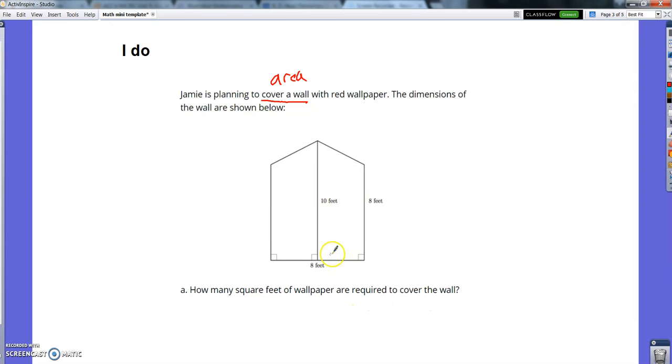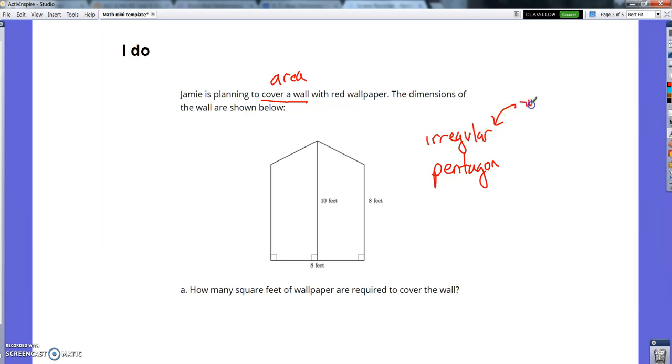So when I look at this, I've got some work to do to figure out what shapes I have here. This is a 1, 2, 3, 4, 5-sided polygon, so this is a pentagon. And it is an irregular pentagon.